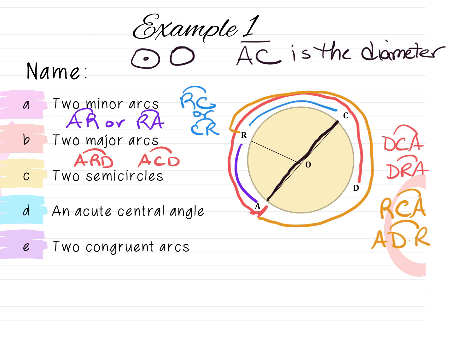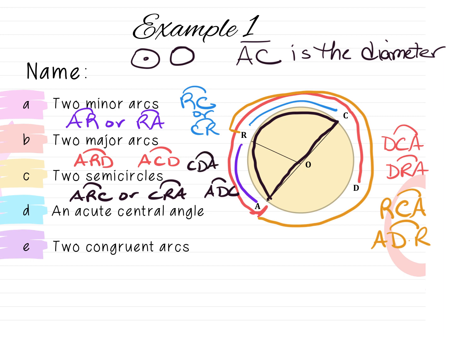So I have a semicircle arc going from A to R to C. So A, R, C, or in reverse, C, R, A. If you would name this AC, you could actually name it with just 2 letters, or ADC. So let's just do it with 3, ADC. Or go in reverse, CDA. So that would be this half.